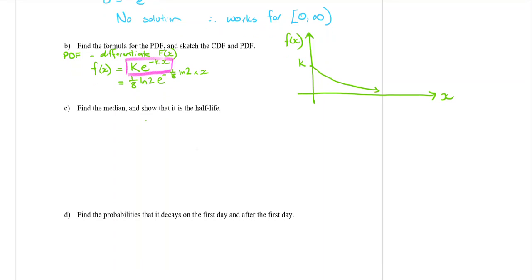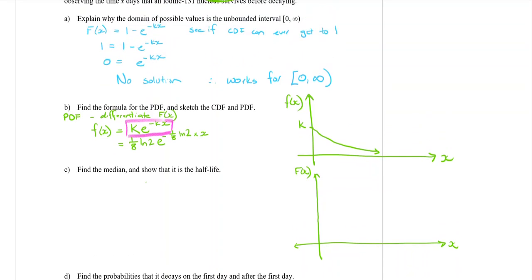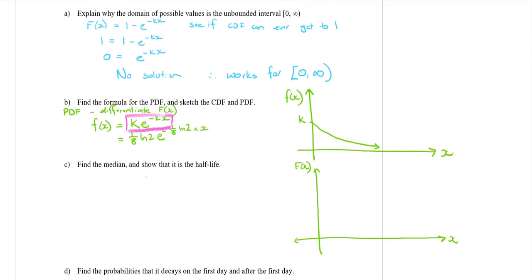We also want to draw the CDF of this graph, which would be x on the horizontal and capital F of x on the vertical. The equation for this one was 1 minus e to the minus kx.